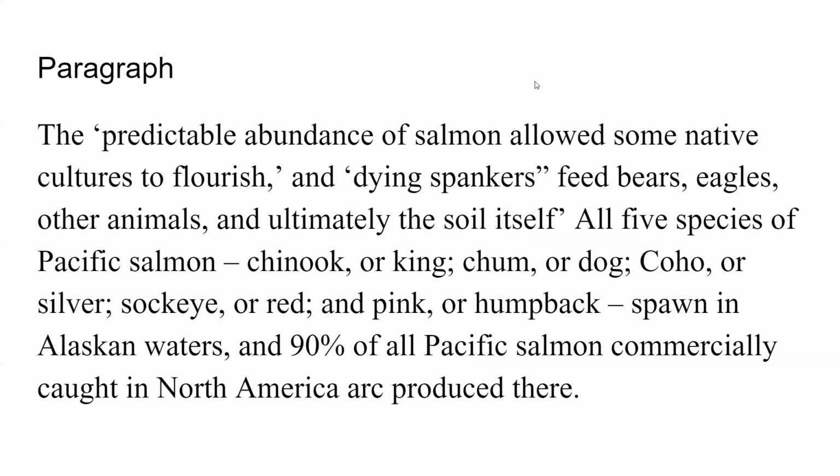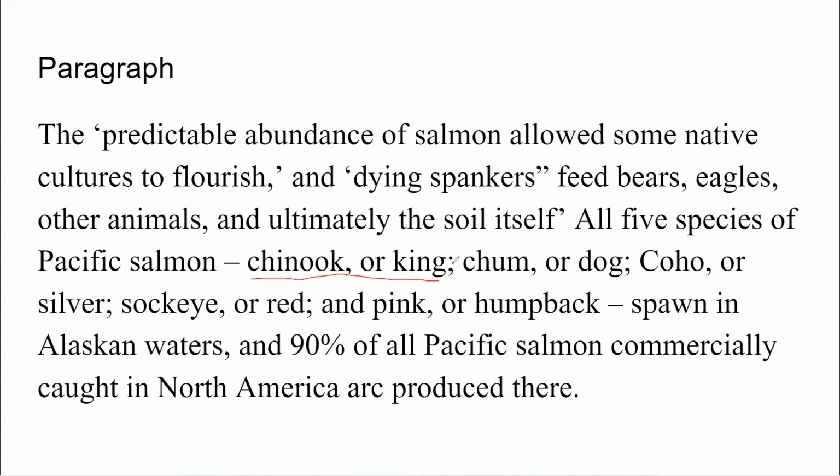So let's read the paragraph information. Paragraph says, the predictable abundance of salmon allowed some native cultures to flourish, and dying spawners feed bears, eagles, and other animals, and ultimately the soil itself. All five species of Pacific salmon, Chinook or king; now see, semicolon is given.